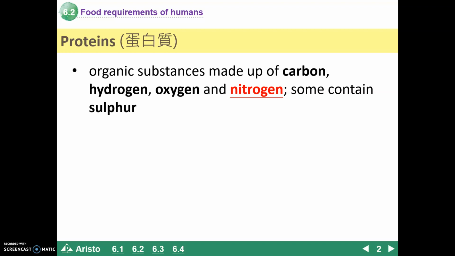They are biomolecules, large organic molecules which also contain C, H, and O. But all proteins contain nitrogen, and nitrogen does not appear in carbohydrates and lipids. Nitrogen appears in every protein, and some proteins also contain sulfur. So CHON, and sometimes with S.